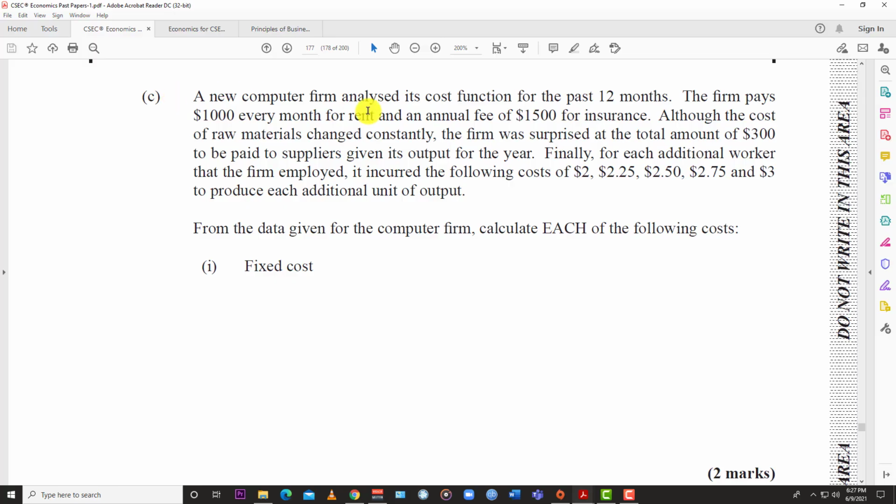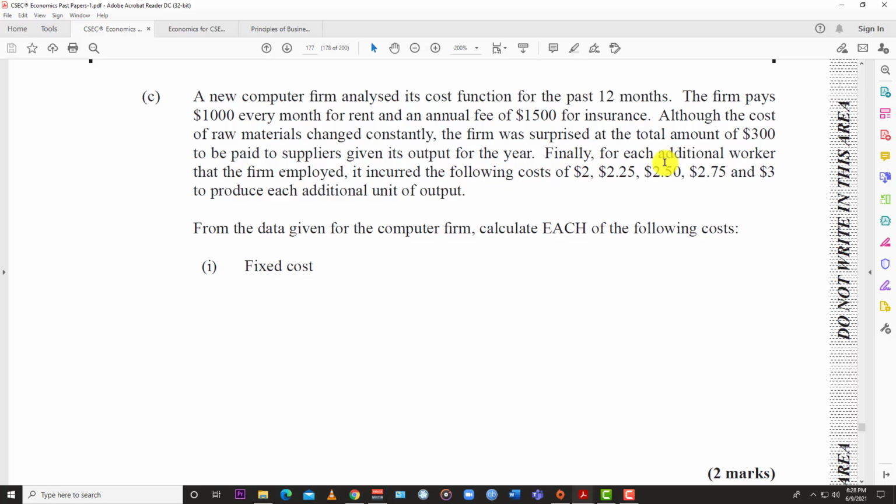A new computer firm analyzed its cost function for the past 12 months. The firm pays $1,000 every month for rent and an annual fee of $1,500 for insurance. Although the cost of raw materials changed constantly, the firm was surprised at the total amount of $300 to be paid to suppliers given its output for the year.